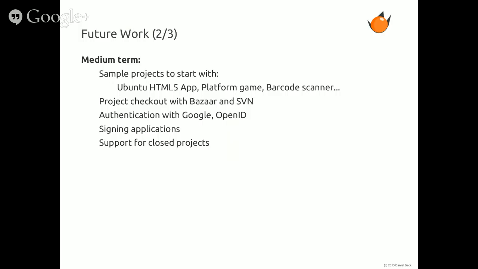I want sample apps for Ubuntu HTML5 app, a platform game with Phaser, a barcode scanner, so that a user can very fastly enter that Git URL in Physalis, get the build done, and then change the app in the way he needs. And this would allow the user to start very fastly creating new apps.